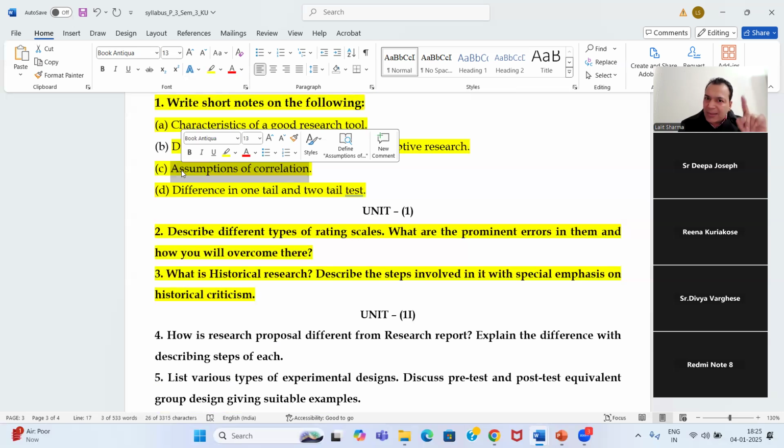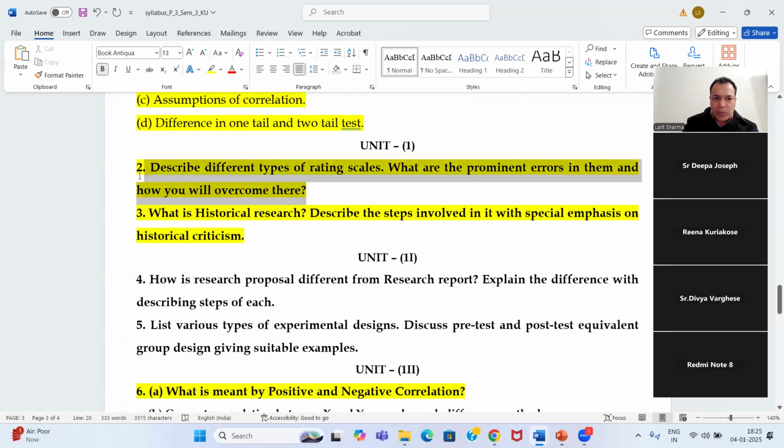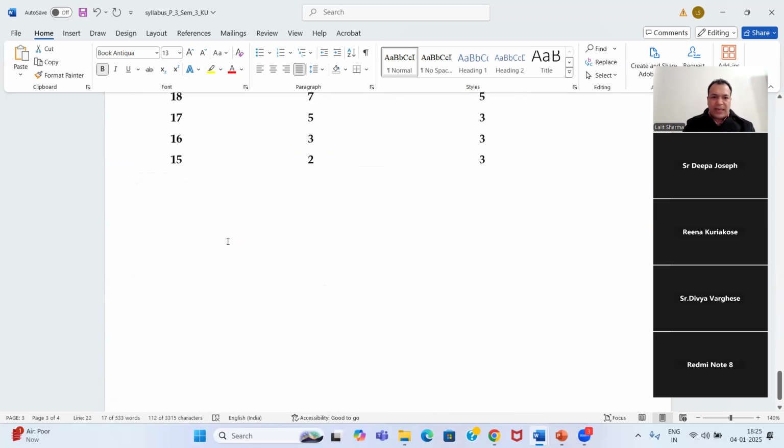The formula 1 minus 6 sigma d square divided by n square minus 1, right? And negative and positive correlations we discussed. And two main questions, this one, which is already selected with the yellow color background: types of rating scales, what are the prominent errors and how you will overcome them, we discussed. And historical research we have already discussed, right guys?